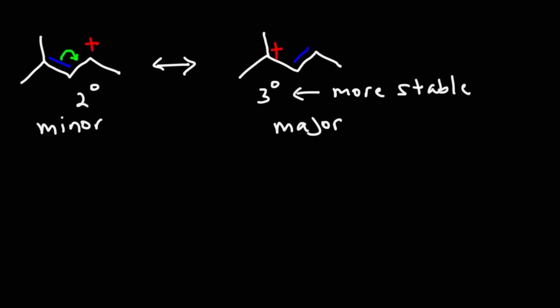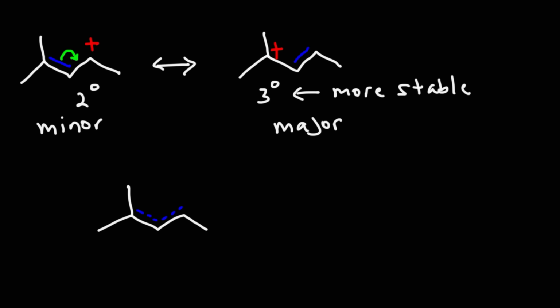Now, to draw the resonance hybrid, here's what we're going to do. We're going to draw the atoms that did not move. Now, notice that the pi bond is between these 3 carbons. It can move anywhere among those 3 carbons. So we're going to use a dashed bond to indicate that.